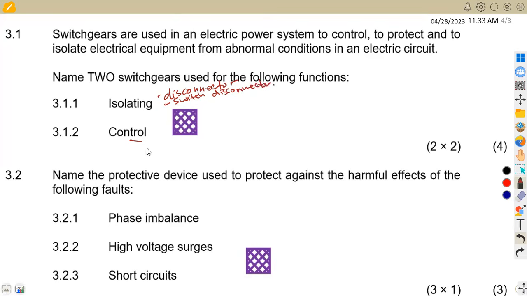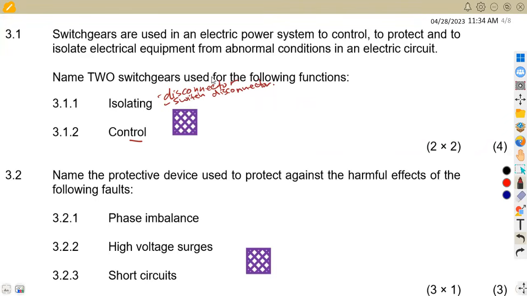On 3.1.2, which one is best for control? All right, so that is what we are given. So we say the first part we are having a switch disconnector. In this case, we just need two used for the following. All right, then the other one, we can actually use these ones for both. So you can actually use these two as they are.